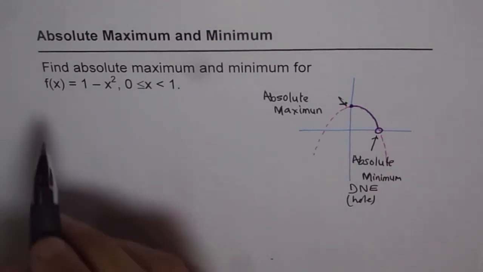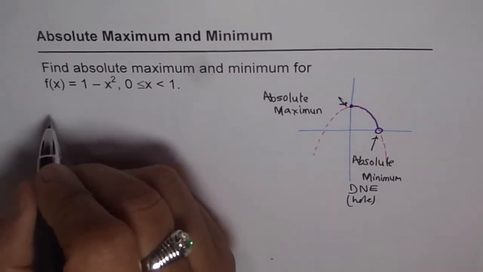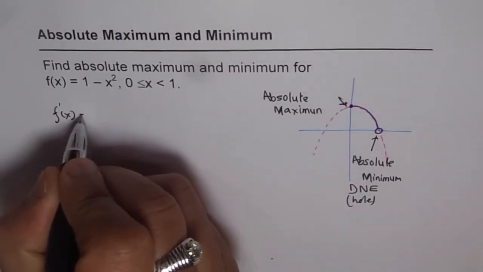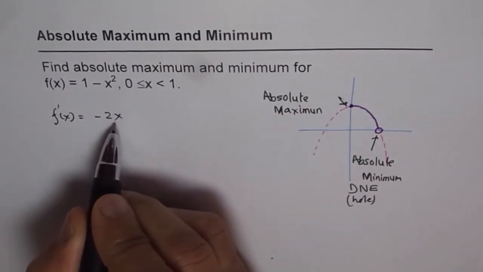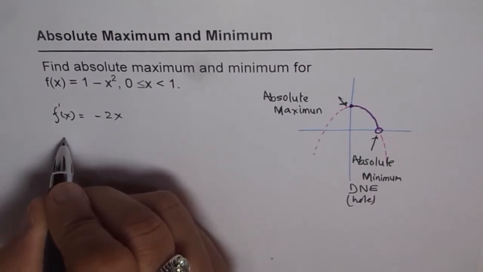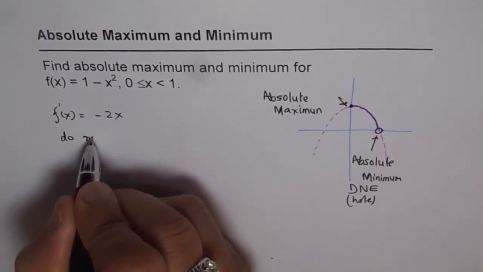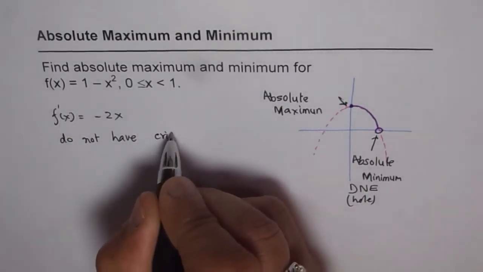For that we need to find the derivative of the function and see the critical points, right? So f dash x is equal to minus 2x. Now since it is a straight line, it is never 0 in this domain. So we do not have any critical numbers here, right?